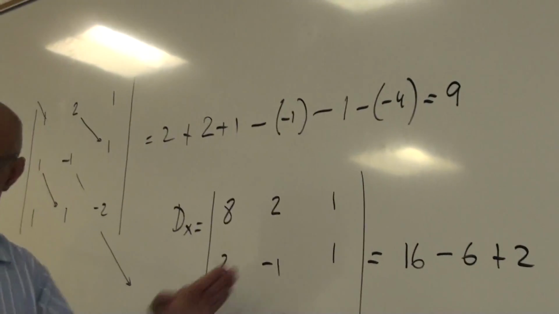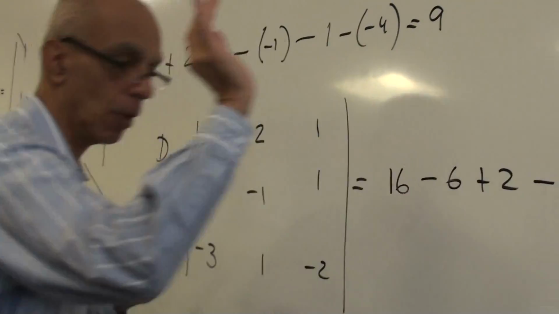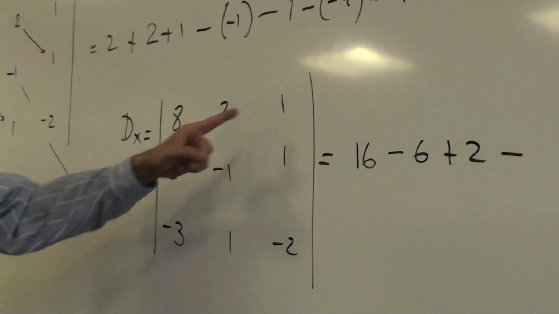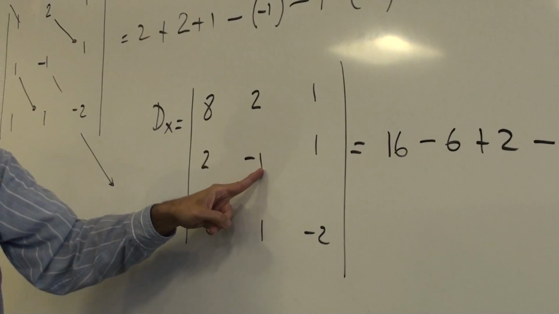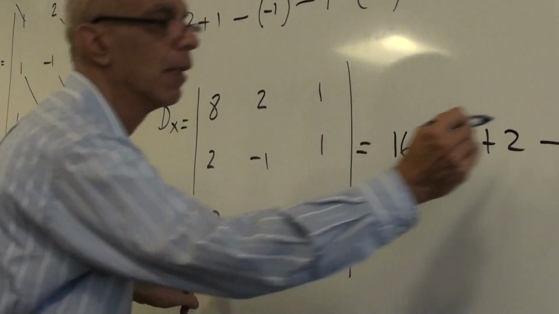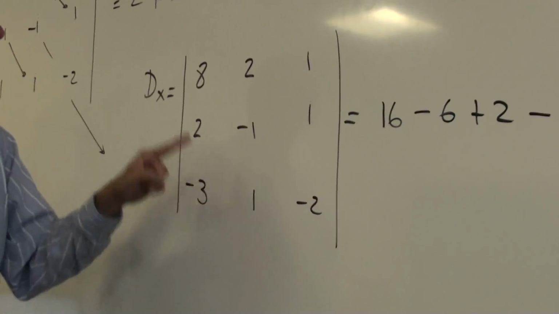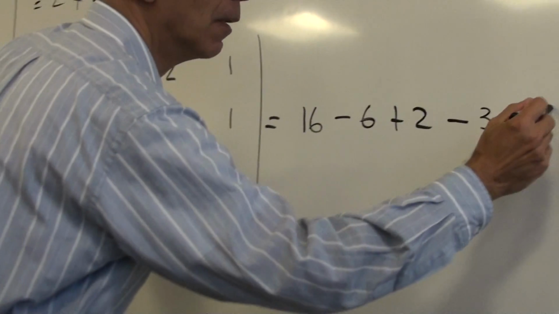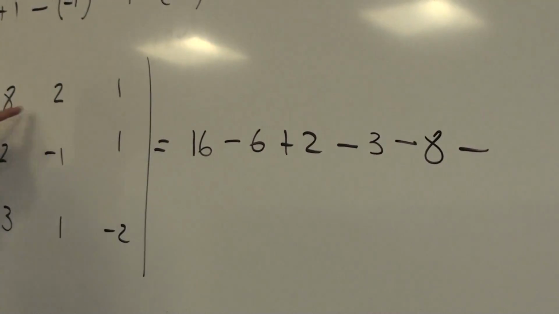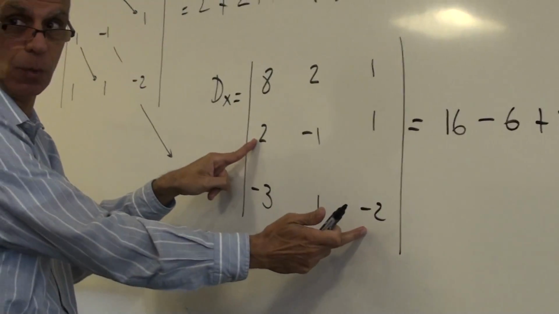Now we're going to do the negative diagonals, right? Start with negative. Always remember to put the negative there. So this is going to be negative 1, positive 3, okay? Next, positive 1, 8. Next, this is going to be 4. 4 times negative 2 is negative 8.